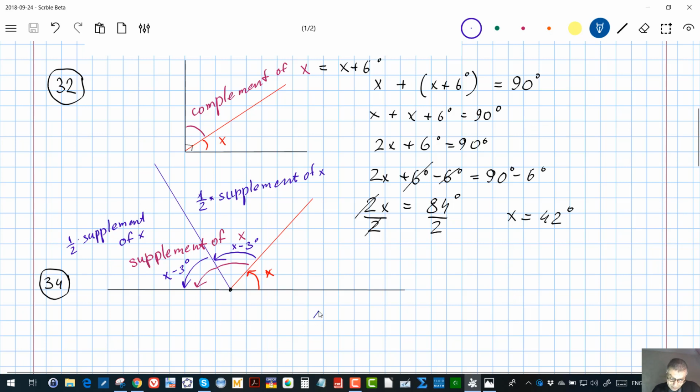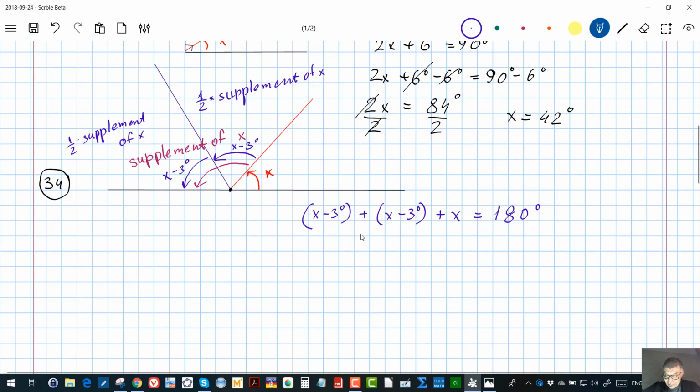We have x minus 3 for the first half, plus x minus 3 degrees for the second half, and plus x itself. And we know that all together they give us 180 degrees.